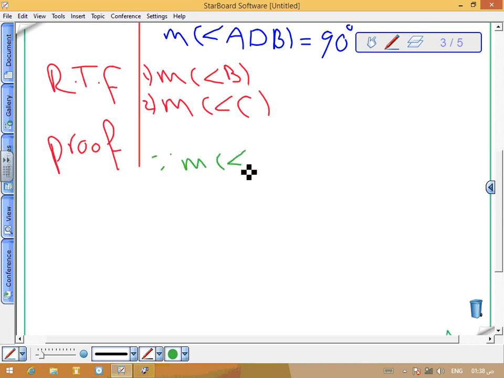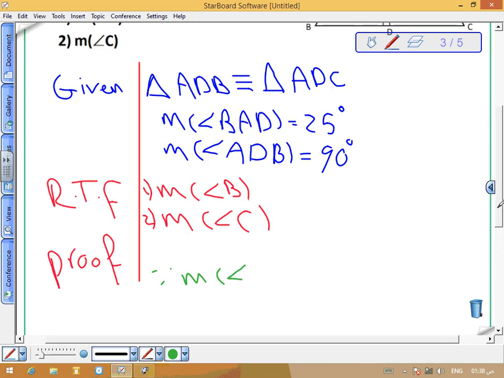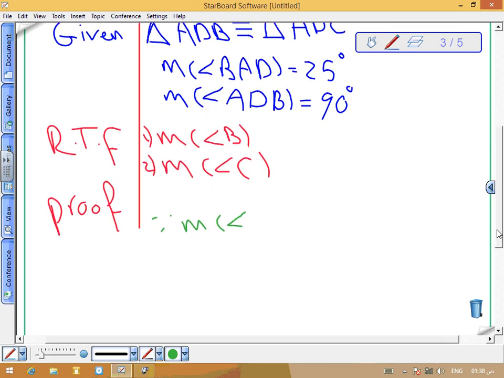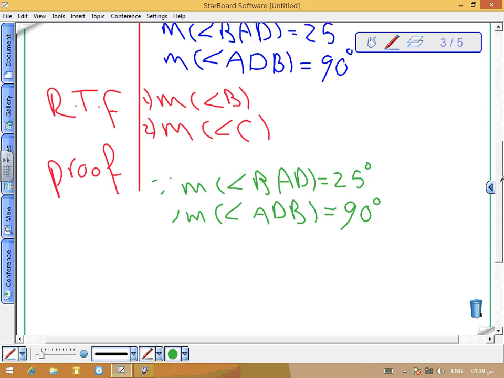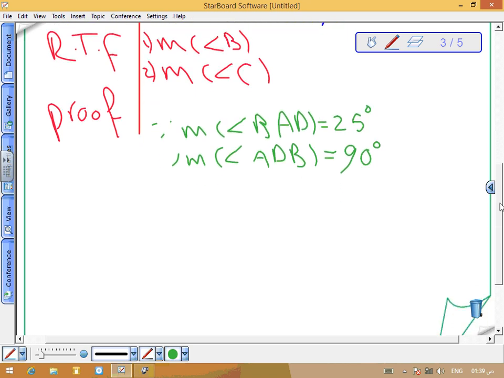Since measure of angle BAD equals 25 degrees, and measure of angle ADB equals 90 degrees, and we know that the sum of measures of interior angles of any triangle equals what? 180 degrees.